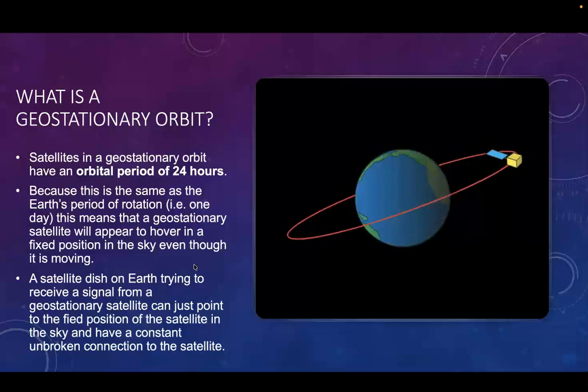We can see that in this animated image on the side. This is a geostationary satellite in orbit above North and South America. From the point of view of someone in North or South America, that satellite would be in a fixed position in the sky, just hovering there and never moving. All right, so that's the basic idea.